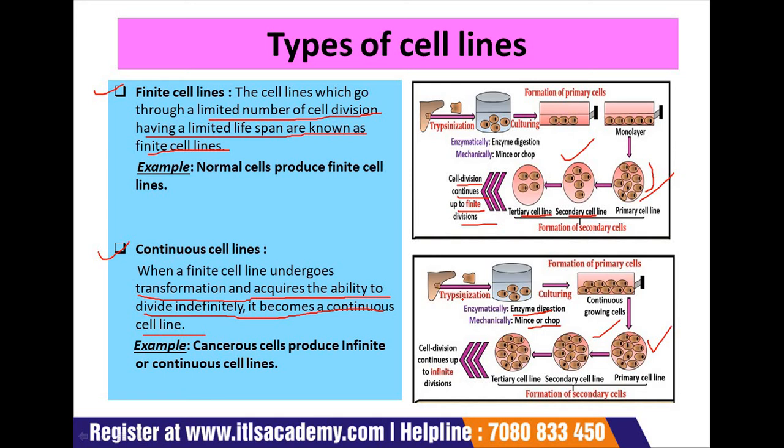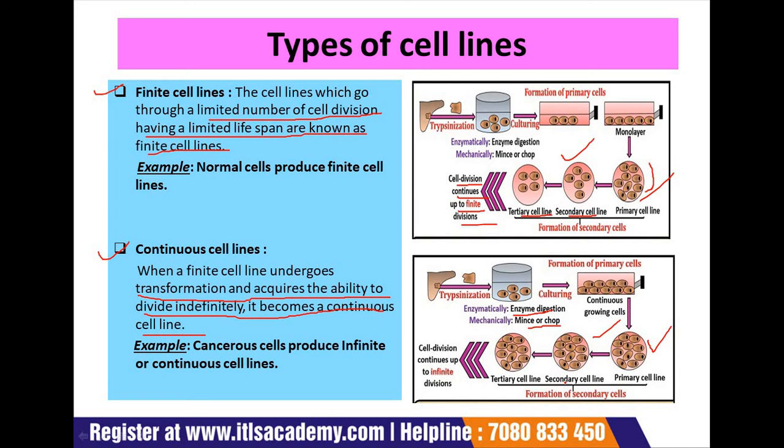So these cells are less adherent, fast growing, less fastidious in their nutrient requirements, able to grow up to higher cell density, and different in phenotype from the original tissue. Such cells grow more in suspension.